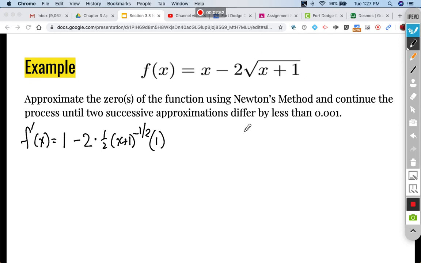We still have to chain rule it. This is a trivial case, but don't forget the chain rule. 2 times 1/2 will cancel out, and I get 1 minus 1 over the square root of x plus 1.